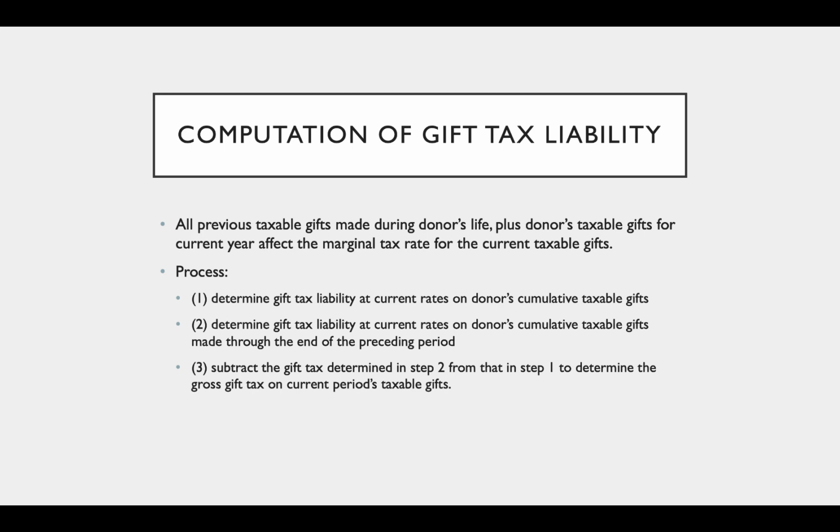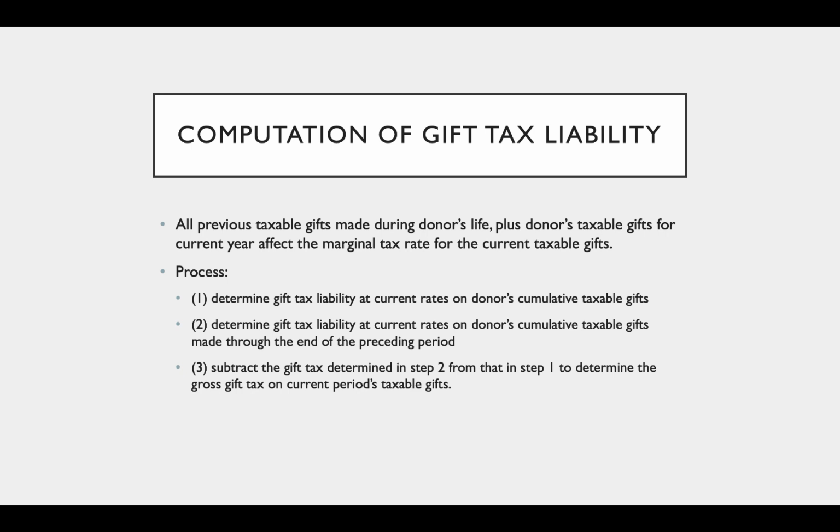Step two is to determine the gift tax liability at current rates on the cumulative taxable gifts made through the end of the preceding period. So if we were talking about the tax year 2018, step one would be to add up all gifts made from birth through the end of 2018, and we would determine the gift tax liability at the current taxable rates.